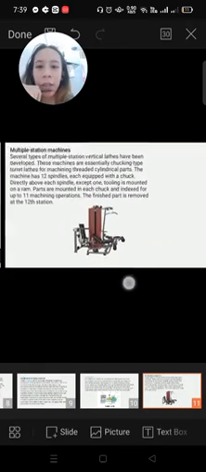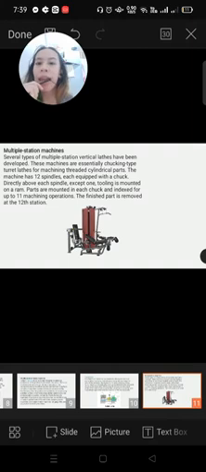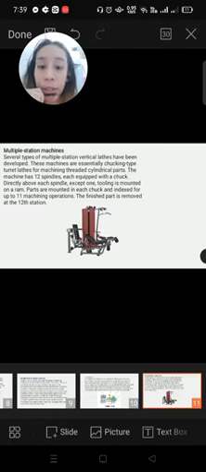Next is the multiple station machine. So, what are multiple station machines? Several types of multiple station lathes have been developed. These machines are essentially chucking type turret lathes for machining threaded cylindrical parts. The machine has 12 spindles, each equipped with a chuck.